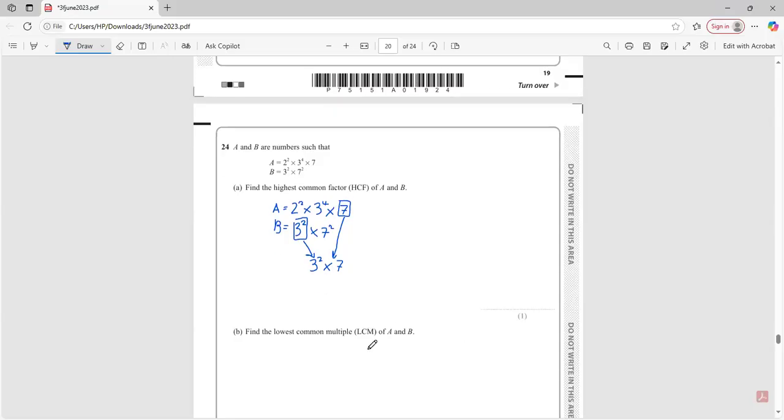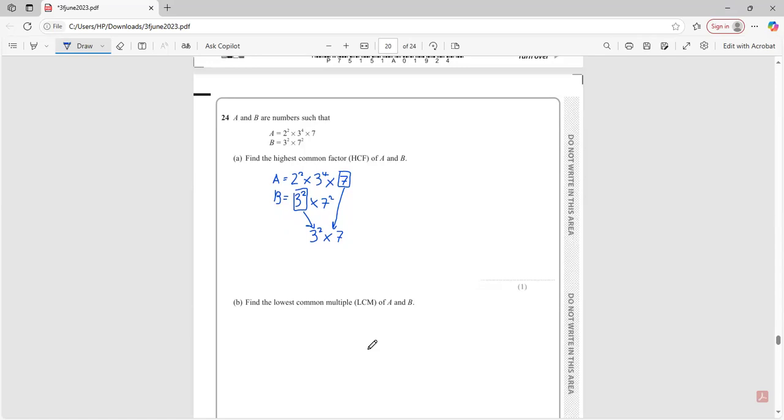So let's now go for the multiple, the lowest common multiple. What do you think will be the lowest common multiple for this one? 2 squared multiplied by 7.